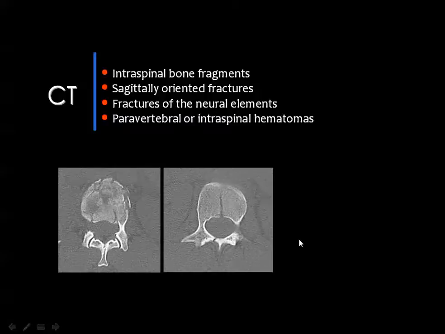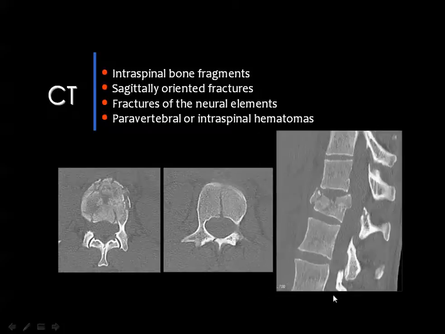Then CT is relatively more informative than the plain X-rays, especially if you have the reconstructed images, particularly in the sagittal plane. Then CT will show intraspinal bone fragments that usually cannot be seen by the plain X-ray.